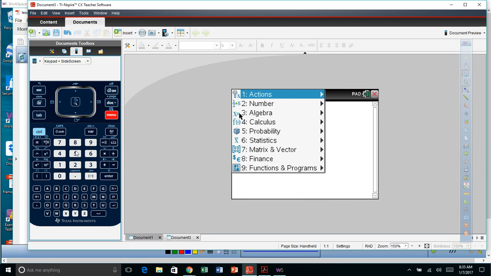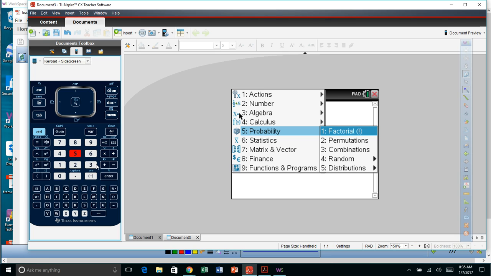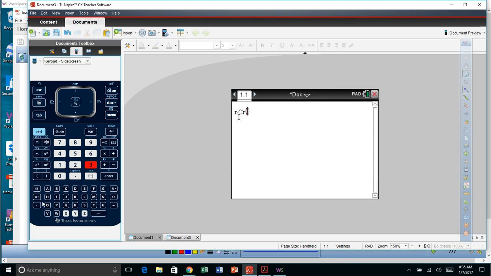Menu 5, 3 for combinations, and then that's going to be 5, comma 0, close parentheses, open parentheses, 1, control, divide, 2, close parentheses, caret, I gotta get outside of the parentheses.